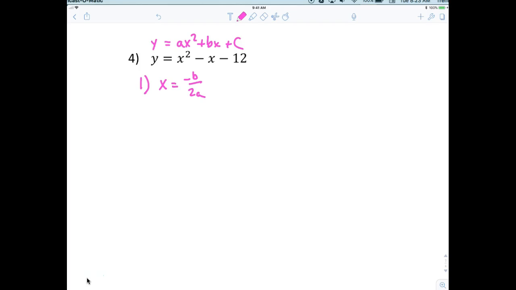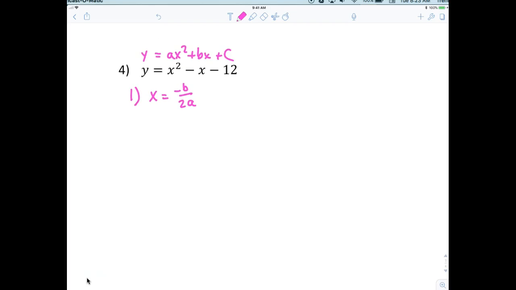Let me write this a little better. -b over 2a. Now, just to make sure you're good, we would say a is equal to 1, b is equal to -1, and c is equal to -12.